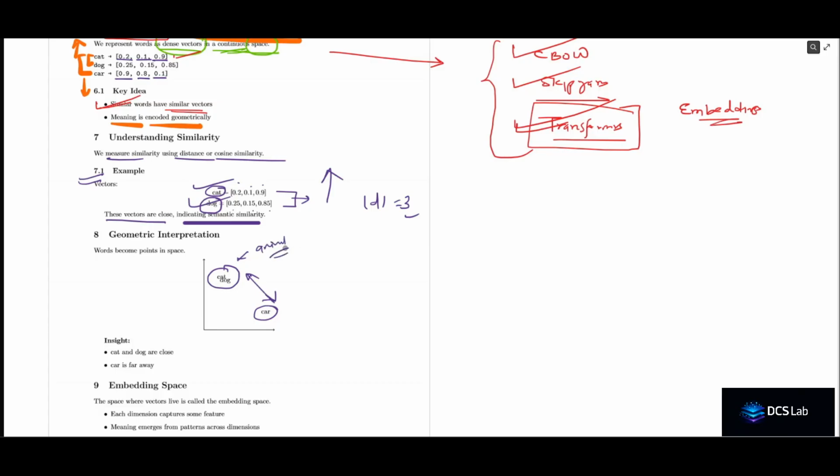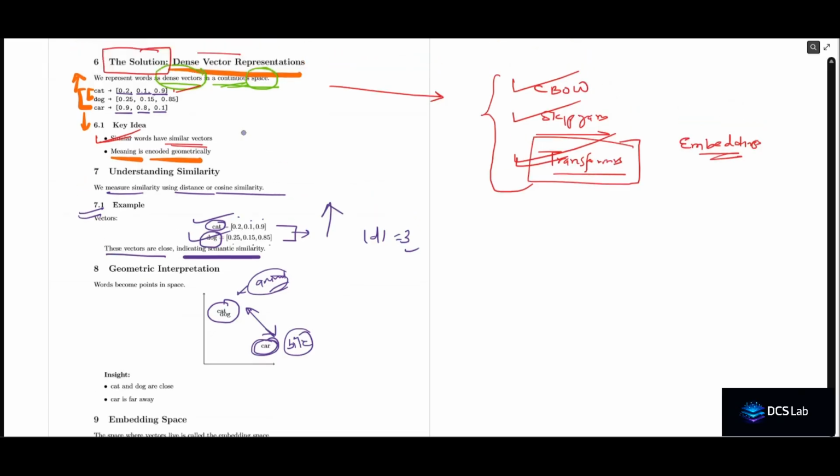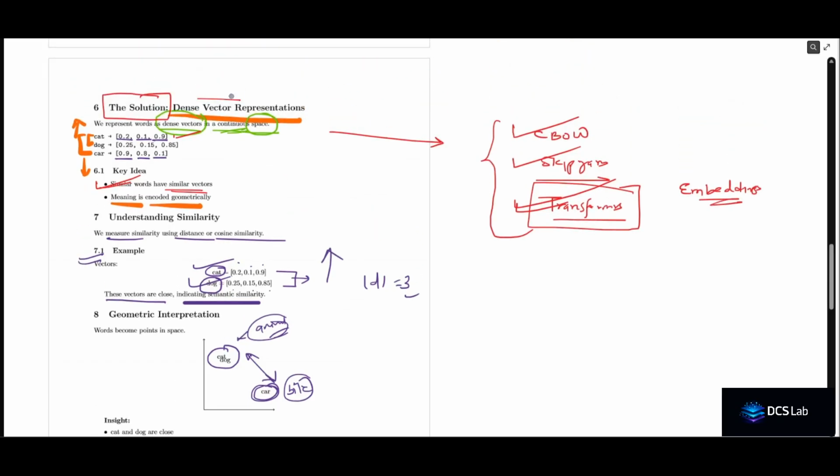Somewhere it has captured this hidden meaning, that they belong to the same family, hence they are closer in the space compared to car. You might find a vector for a bike somewhere near car because it is a vehicle. That's what is happening in the dense vector representation, and it's pretty interesting. We'll learn how this is formed in the next videos.